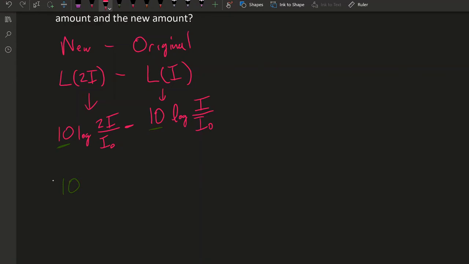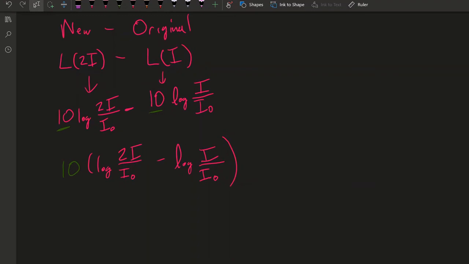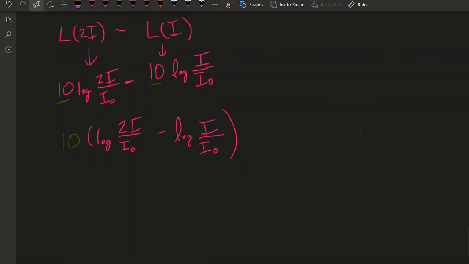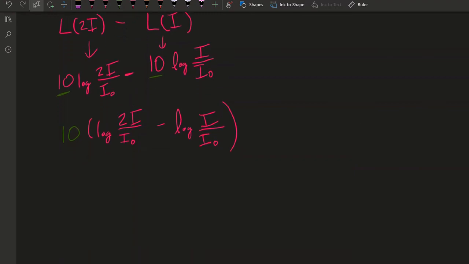So now I have 10 times the quantity log 2I over I naught minus log I over I naught. Okay, so now I have two of these logs and I'm subtracting them.